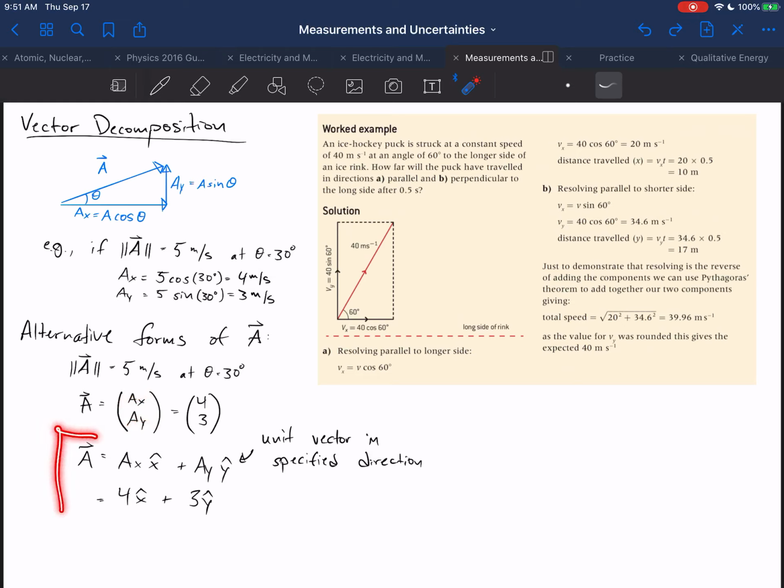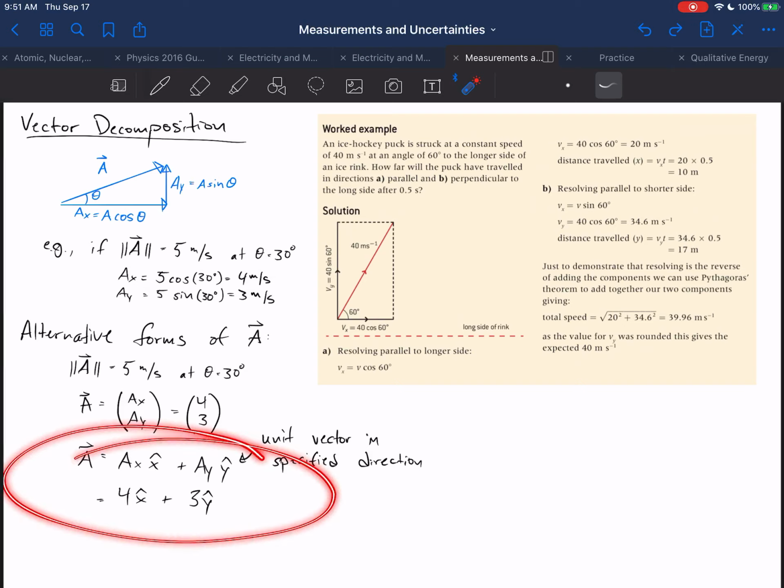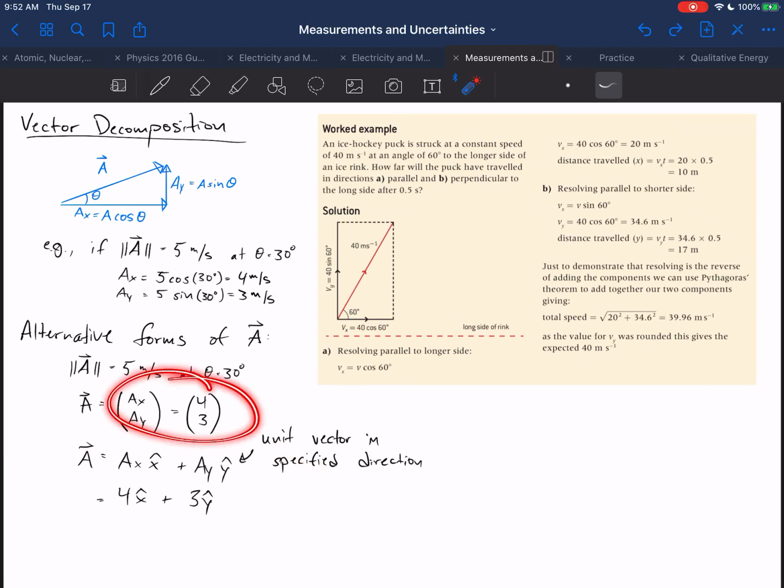If you've seen vectors in HL Math or in another class, you can also write it like this if you don't have the vertical space to write it out. This just says the vector A is equal to the X component in the X direction plus the Y component in the Y direction. So there's a weird sense in which you're telling people this vector by saying, well, it's the sum of this vector plus this vector. And that's perfectly good. So you'll see that happen.